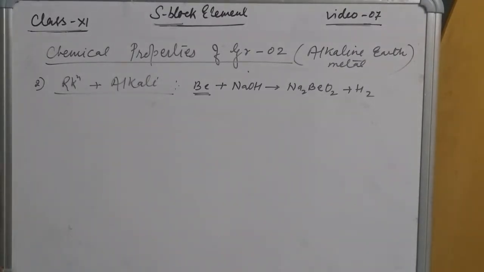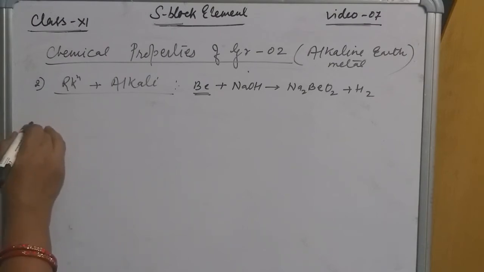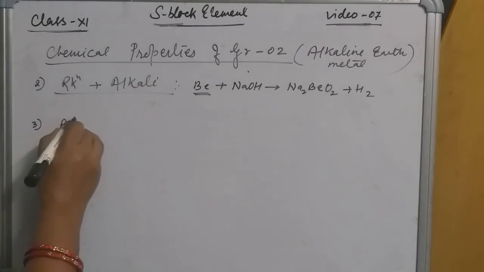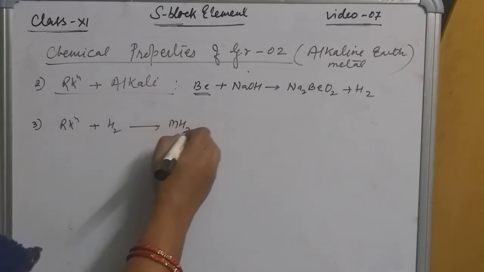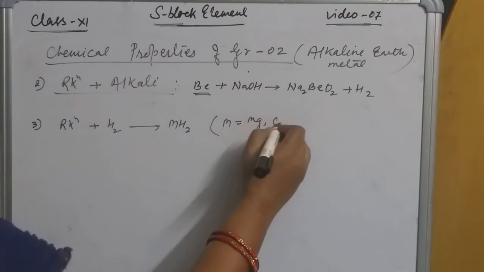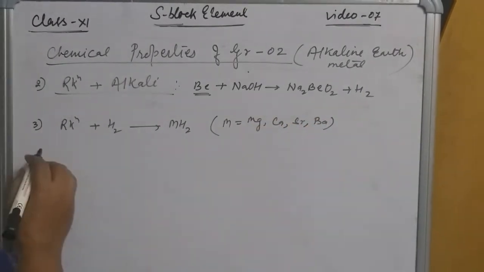Next we discuss the reaction with hydrogen. All the members react with hydrogen to form hydrides MH2: magnesium, calcium, strontium and barium.